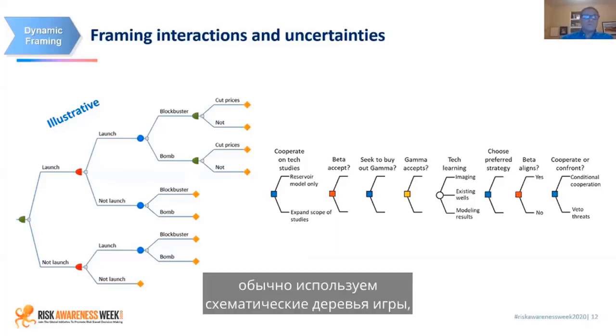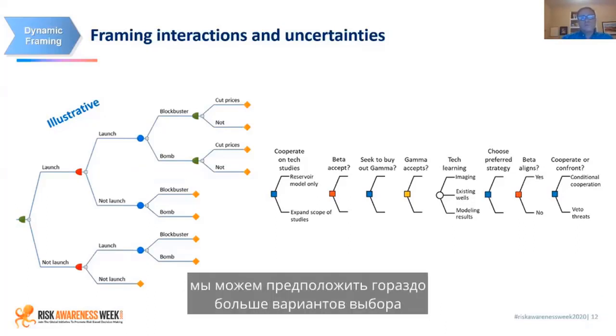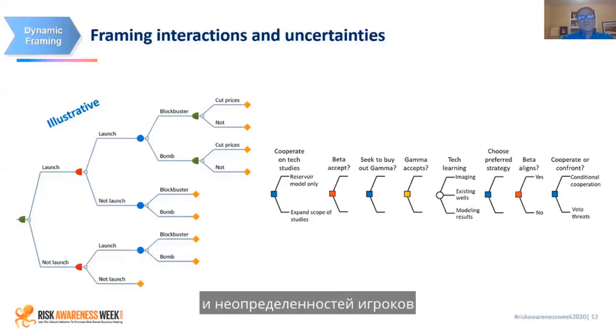And when we do, we typically use a schematic game tree, such as is shown on the right. In the schematic game tree, we can lay out a lot more choices and uncertainties by the players, and really think through what the game looks like going forward. We often simplify it after that.